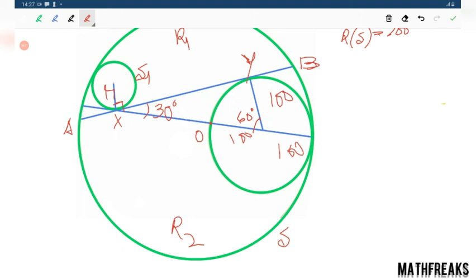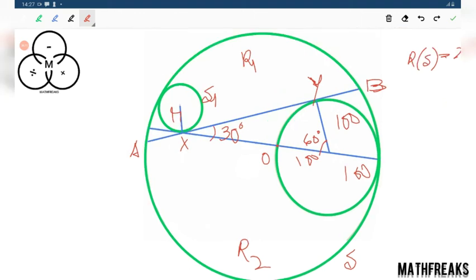This is 90 degree. S1 touches AB at X. In the question it is given S1 is a circle center in R1 touching AB at X.